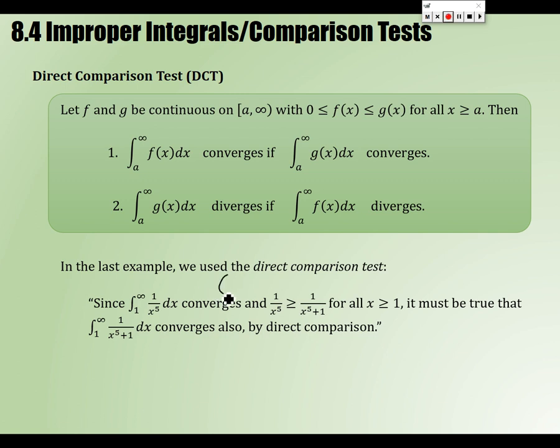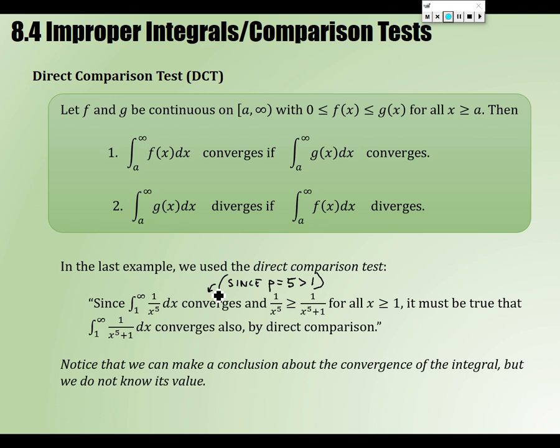I might put, since p equals 5 is greater than 1, we should maybe just say that that converges by the p test, the 1 over x to the p test that we looked at a second ago. So we can make a conclusion about the convergence of the integral, even though notice that we haven't actually said what the value of the integral from 1 to infinity of 1 over x to the fifth plus 1 is. But we do know that whatever it is, it converges.